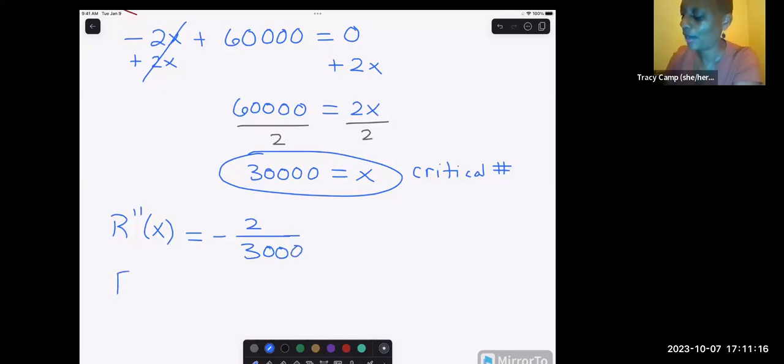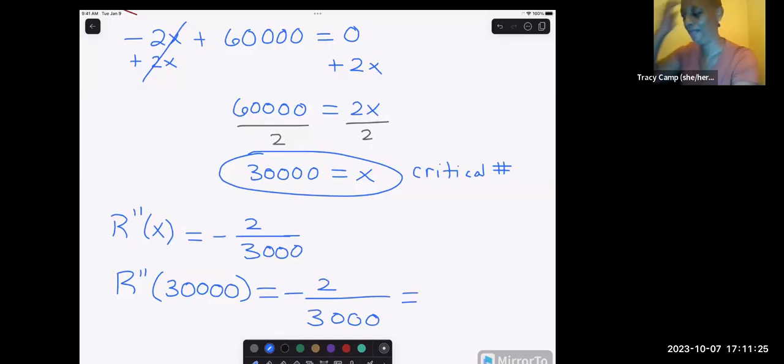So if I plug in my 30,000 for x, I don't even have anything to plug in. So this is negative, which according to the second derivative test tells us that we have a max right here. So when the second derivative at your critical number is negative, you have a max, which is what we wanted.